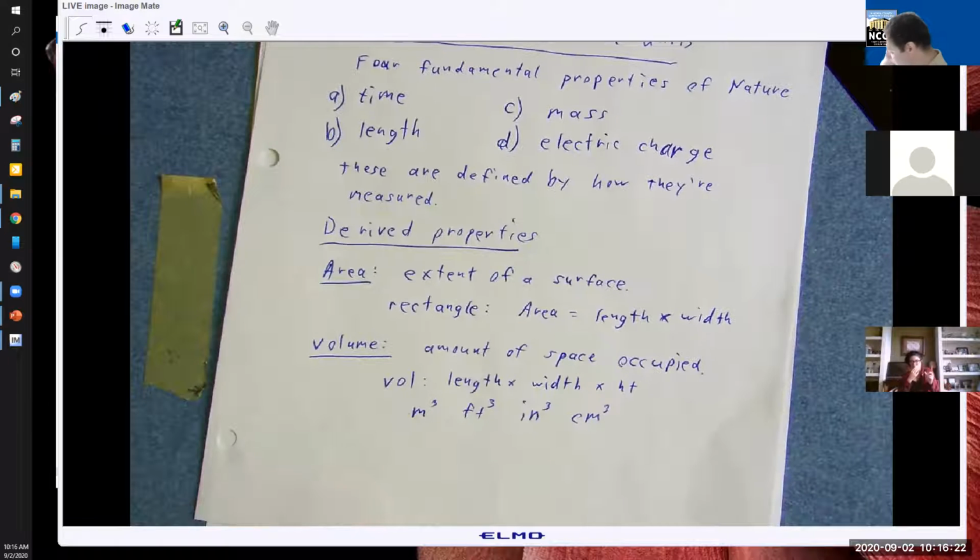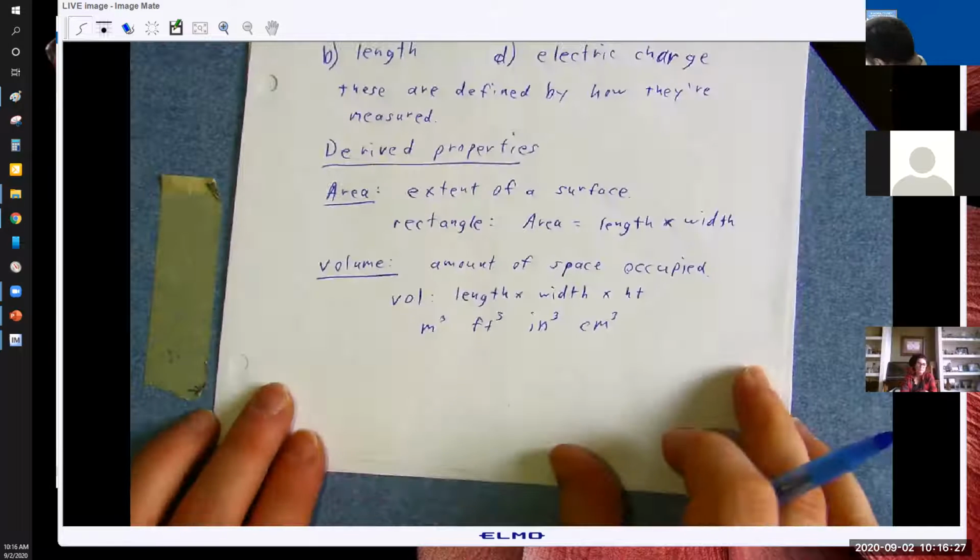Okay, so those are derived properties. And from this, we've got measurement systems.